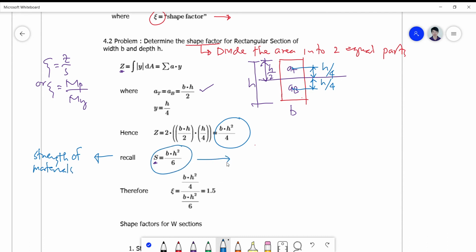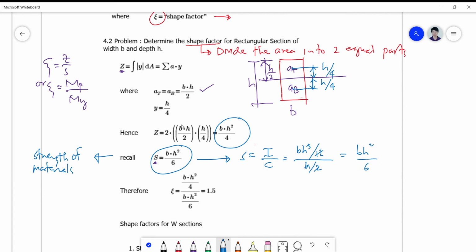This was obtained from the formula S is equal to I over C. Here your I is simply bh cubed over 12 divided by your C, which is equal to h over 2. If I cancel that, you get simply bh squared over 6.